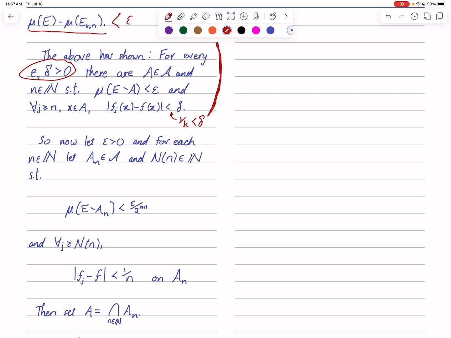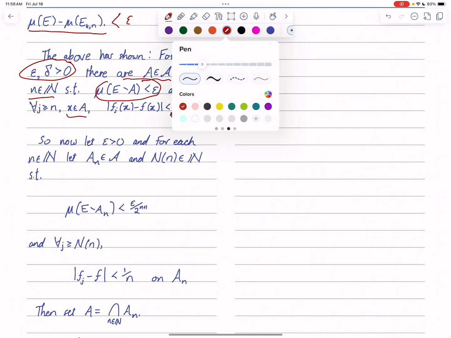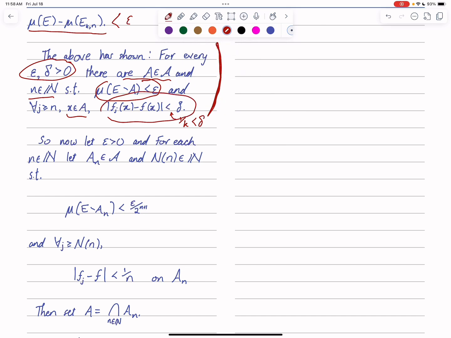So we have basically established that no matter what epsilon and delta you pick, there is always some set, I'm now calling it A. There is this set A and there is an index n, such that A is very large, and for every index greater than n, and for all choices of x inside of A, the separation between the functions is smaller than delta.